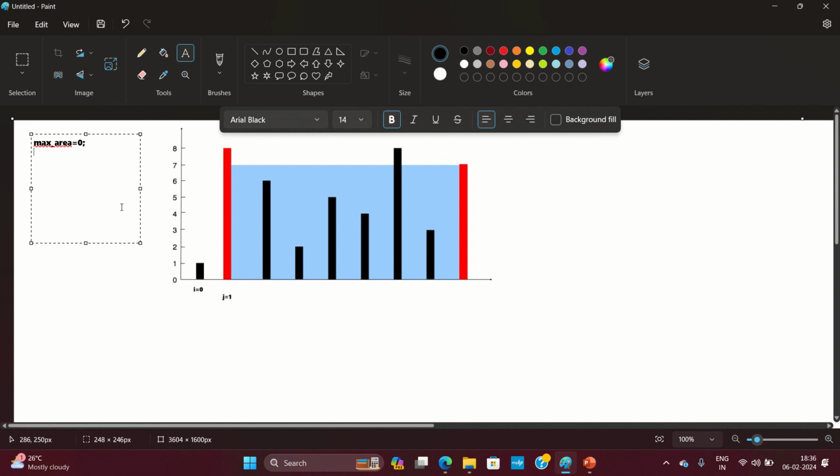The area that we will be calculating each time will be j minus I, right? Because the base is j minus I into whatever will be the minimum among height of I and height of j.